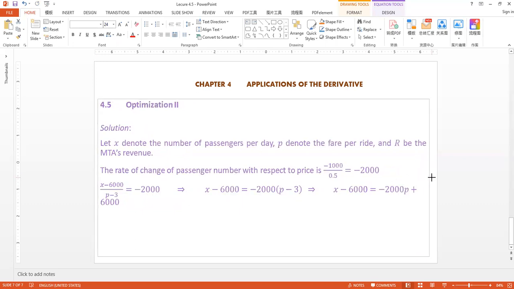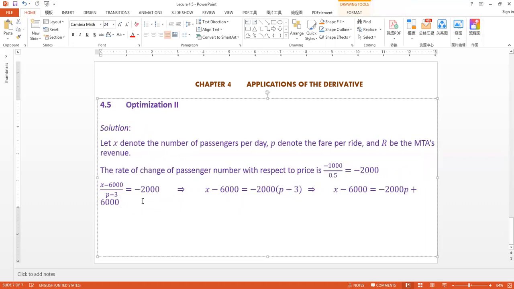Okay, so we can rewrite this equation a little bit if we want. Let me just put it up here. Let's just combine like terms. So we can subtract 6,000 from both sides.